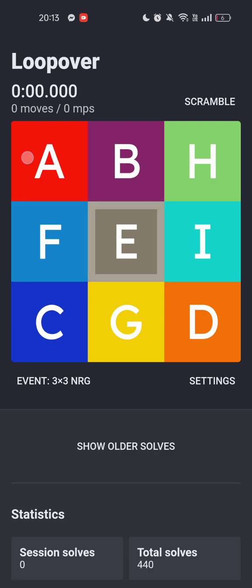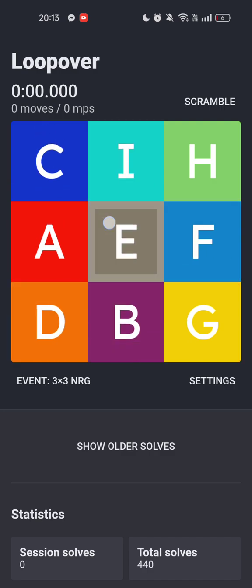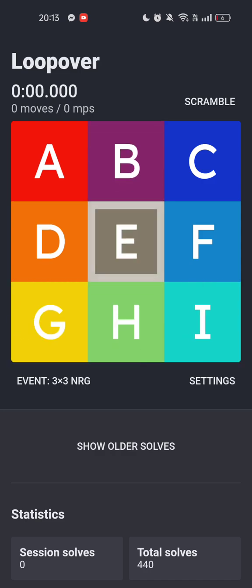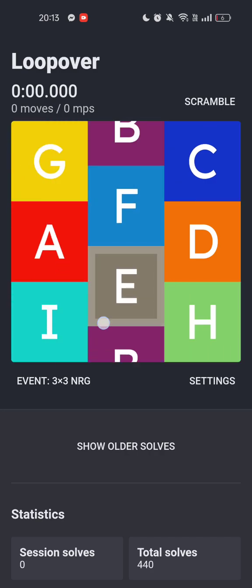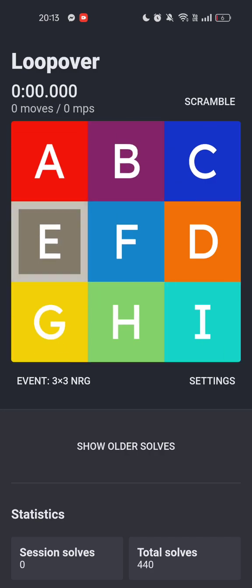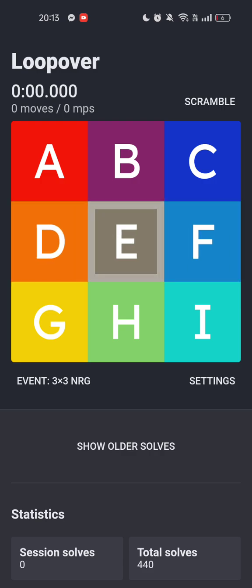If A and B are solved and D is at the bottom right, you'll do this alg. If you couldn't catch the alg, just slow down the video. And then the second alg is the inverse of that. If A and B are solved and D is in the middle right position, right?